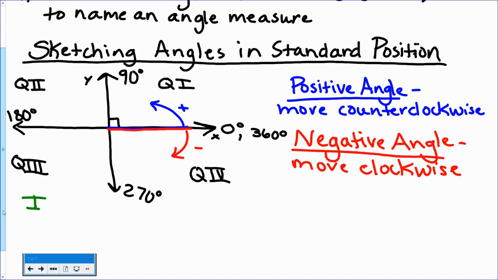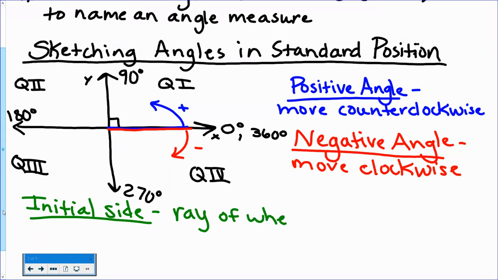Okay. All right, a couple more vocab terms that you're going to see. We have an initial side. All right, that is just the ray of where your angle starts. So my initial side is that on the x-axis at 0 degrees.